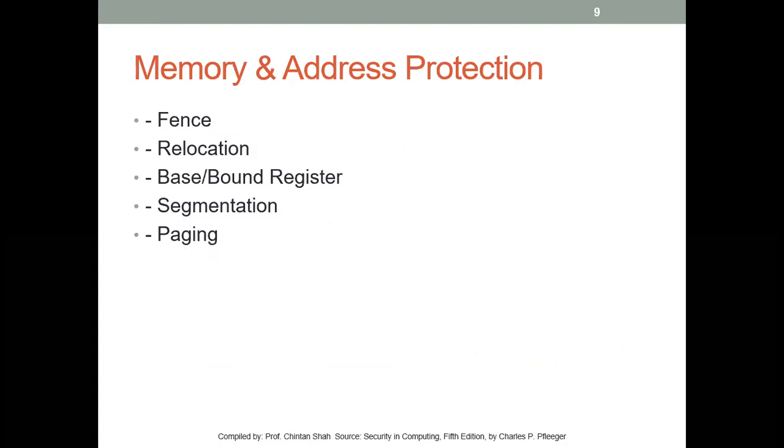Whenever we speak about memory and address protection, we are going to speak about five techniques, or five concepts. The first one is the fence, then you have relocation, base and bound register, the concept of segmentation, and the concept of paging, right?